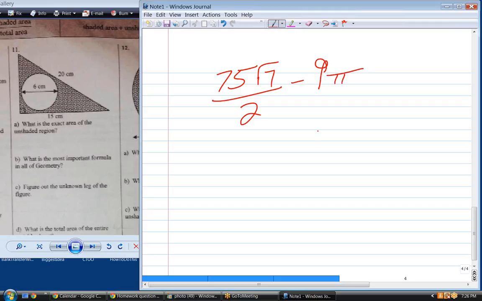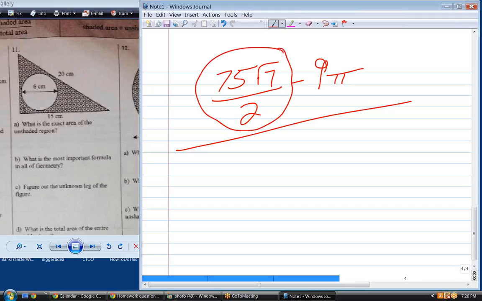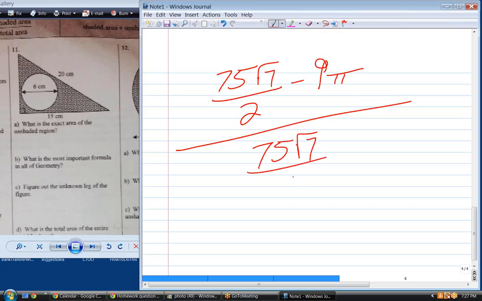Okay. So that's the shaded area, and we're going to divide that whole thing by what? By this. Right? In other words, we want the shaded area divided by the outside figure. Oh, okay, so it would be out of 75 root 7 divided by 2.